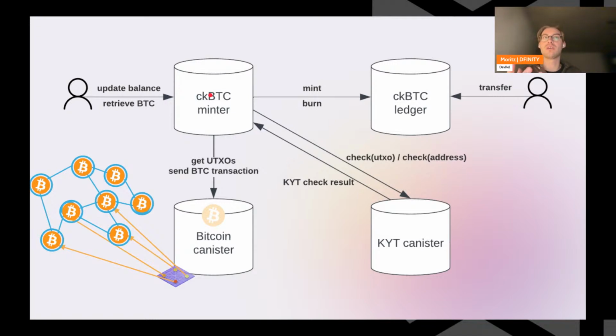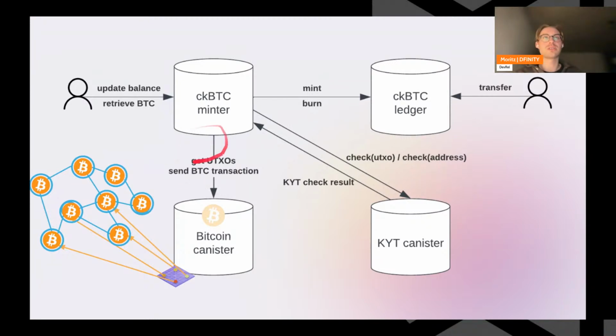That way it becomes aware of the fact that you sent it Bitcoin. And then it's also responsible to facilitate those Bitcoin transactions. So when you want to go out of ckBTC, it will, like I said, burn the ckBTC and then make an actual Bitcoin transaction on the Bitcoin network, and therefore it uses this Bitcoin send transaction API that the Bitcoin canister offers.